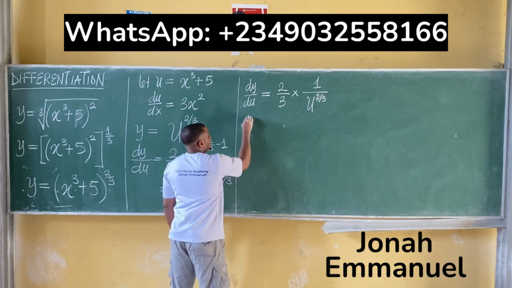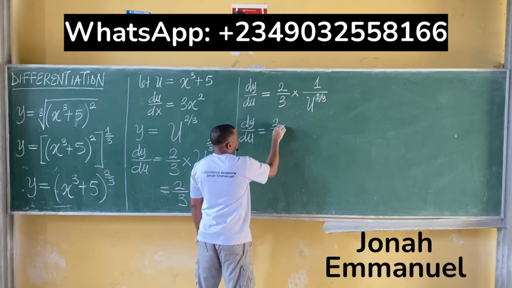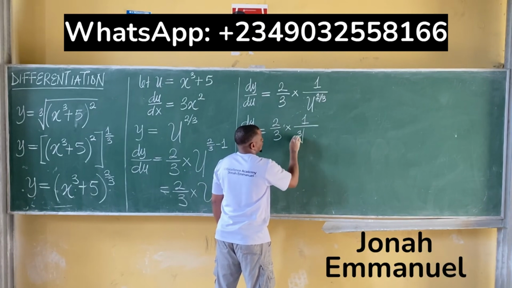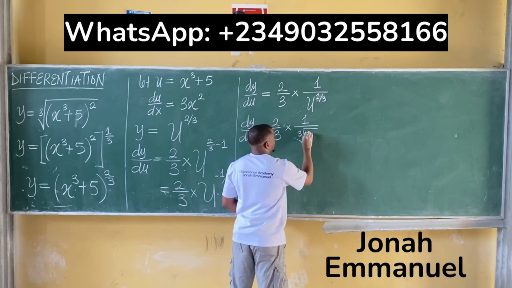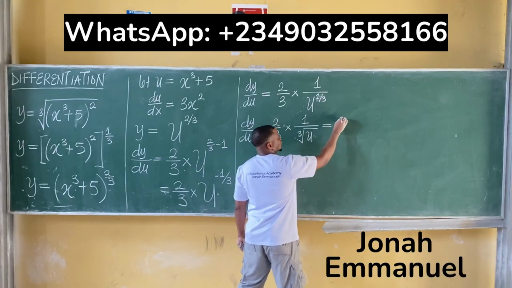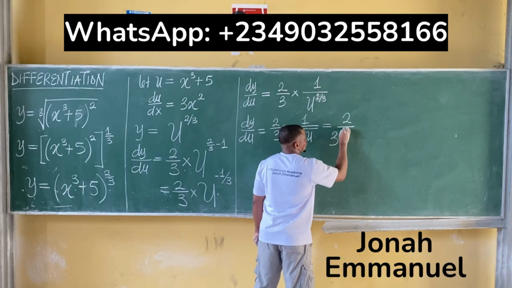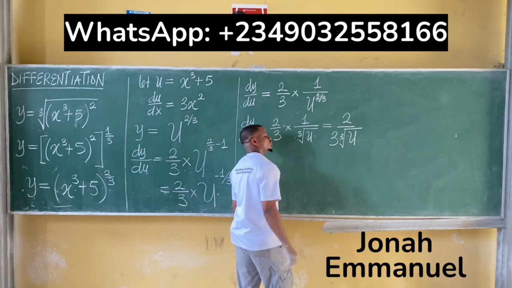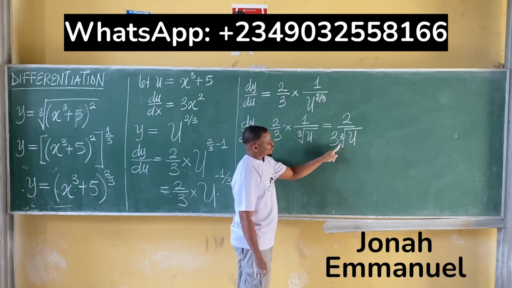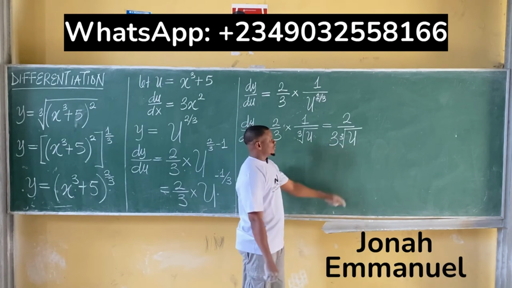So dy/du is equal to 2 over 3 times 1 all over the cube root of u. This is equal to 2 all over 3 times the cube root of u. Don't go and write 33 root u. The first 3 is big, then the root, put this one smaller inside here, then this.